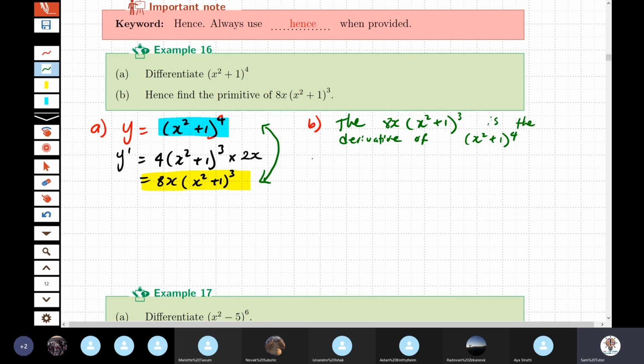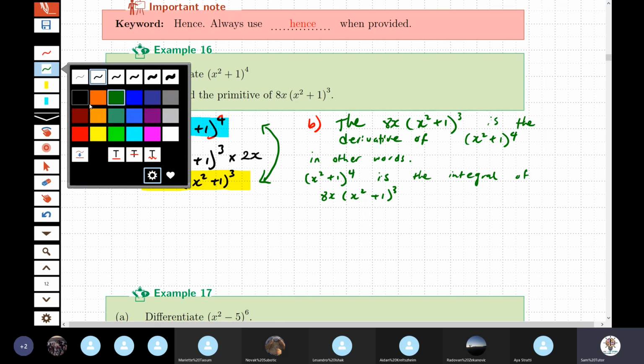In other words, you could say (x squared plus 1) to the power 4 is the primitive, or I like to just use the word integral, is the integral of 8x(x squared plus 1) cubed.